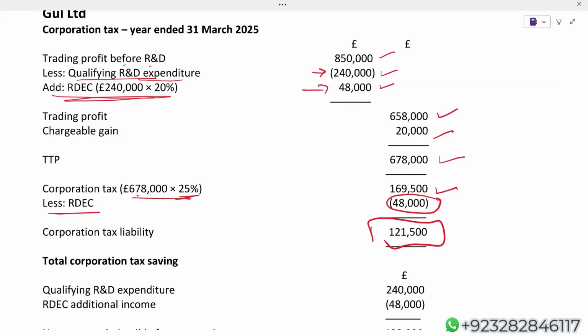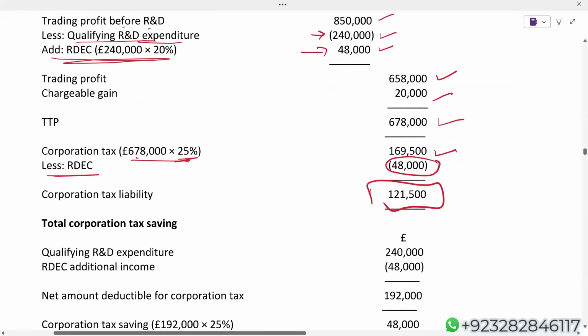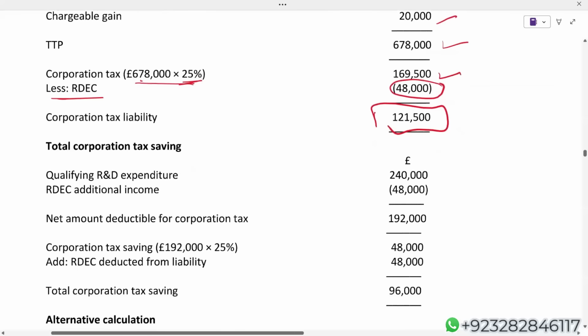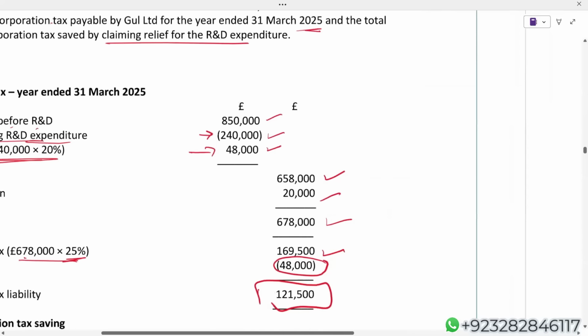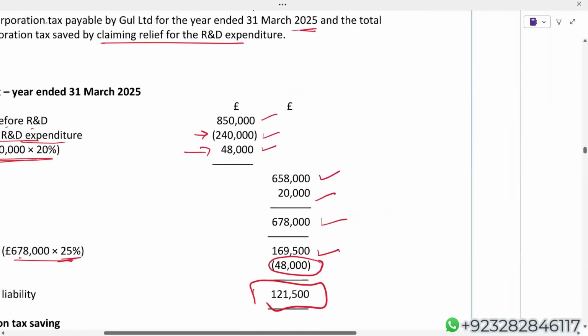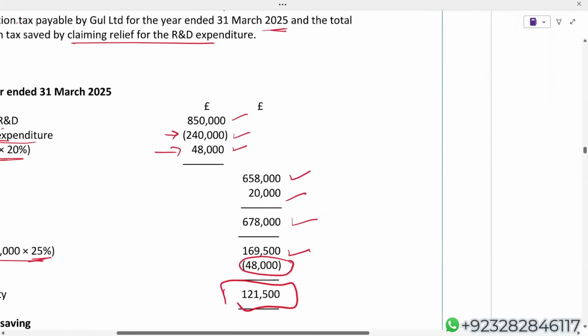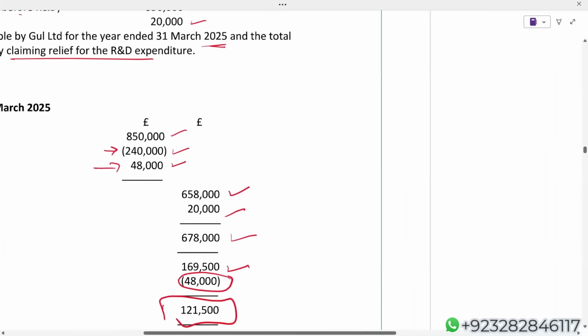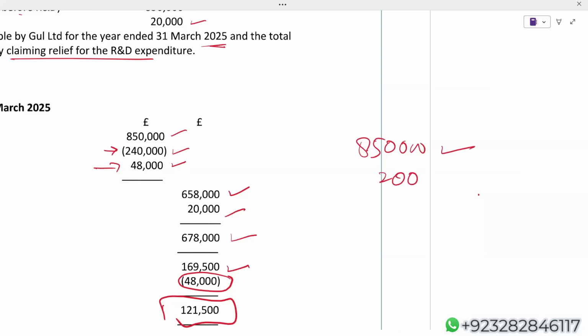Now the question is, what benefit are we getting by doing this? Let me explain the benefit. If you really want to see the benefit, you can do one thing. Just ignore R&D altogether and let's see what corporation tax liability comes. Trading profit before R&D is 850. I'm just ignoring R&D. Chargeable gain is 20,000.